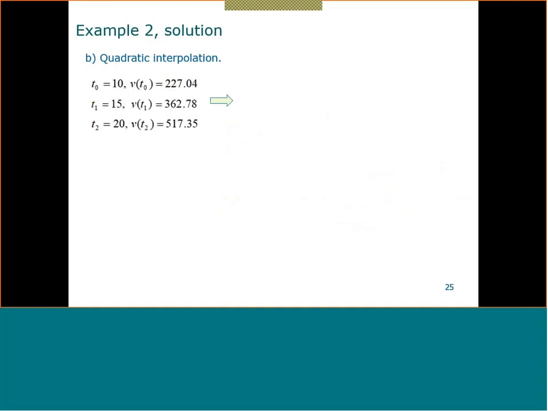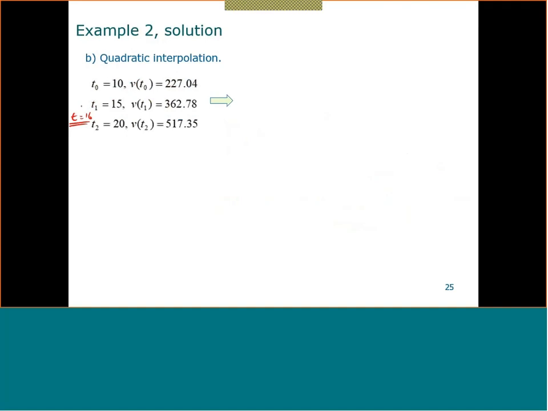Now we want to use the quadratic. So for the quadratic, we will use 10, 15, and 20. Remember, we want to find t equal to 16. Remember last time, there is another point which is 22.5. However, we selected the 10 because the 10 is closer to the 16.